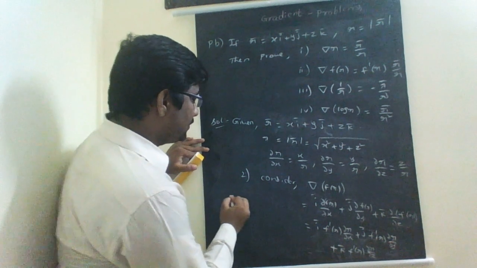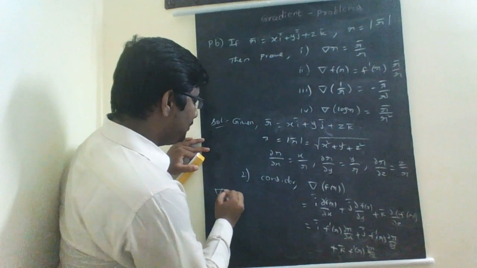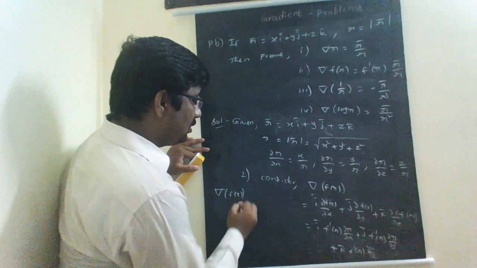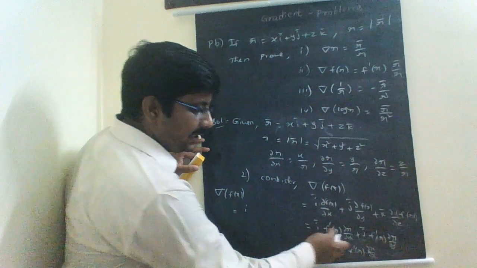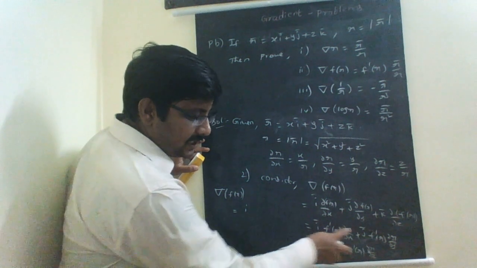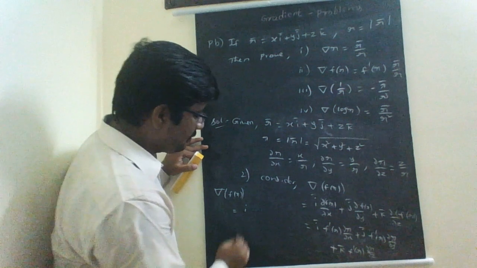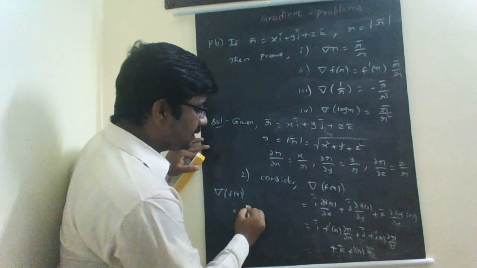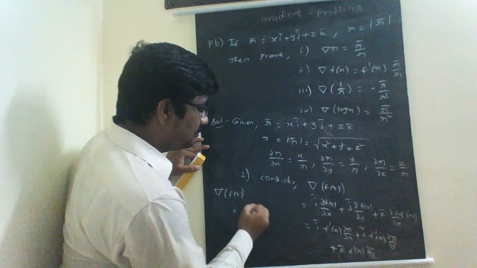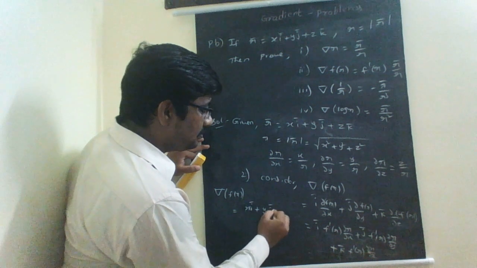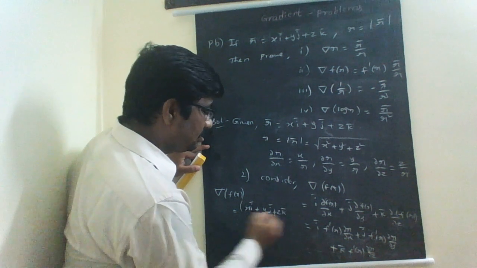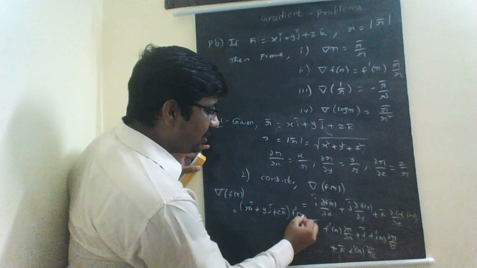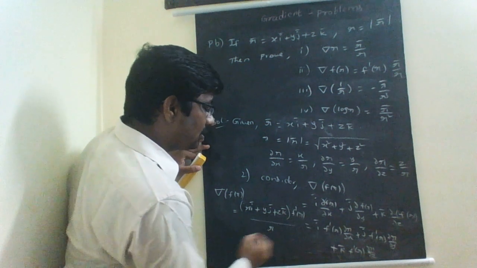So using the above values, we will get del of f(r) is i, and taking out f'(r) because each term contains f'(r). So replacing ∂r/∂x and so on, we will get (x i bar plus y j bar plus z k bar) into f'(r) whole by r.